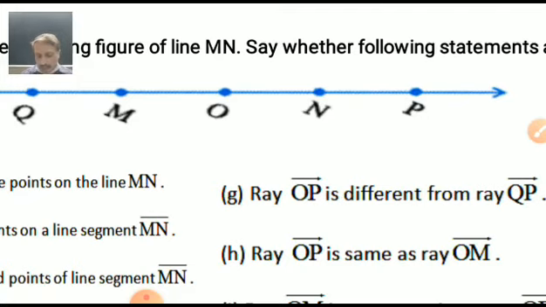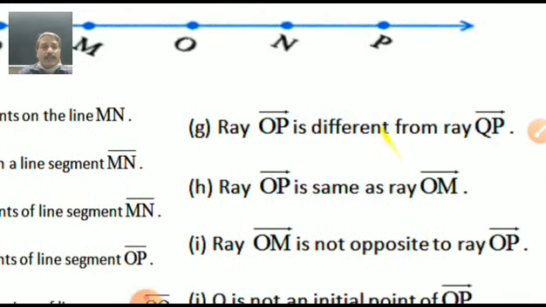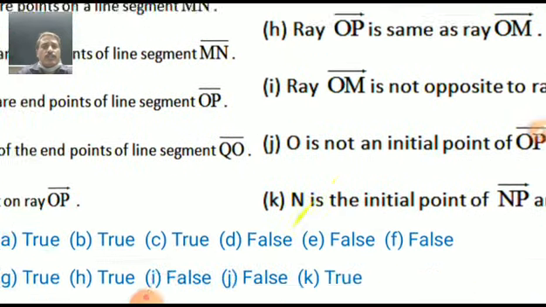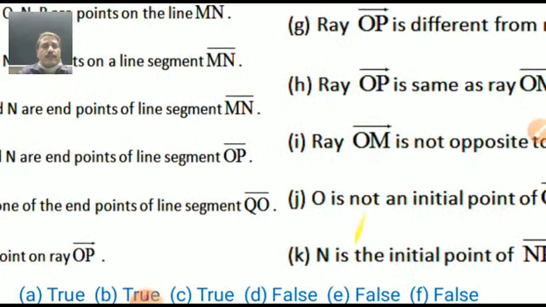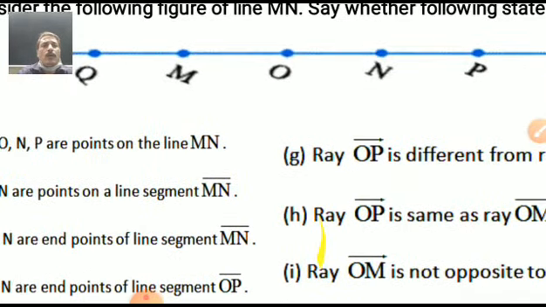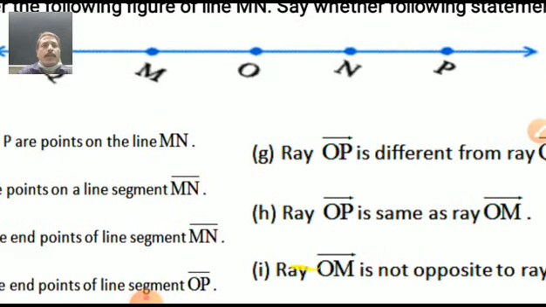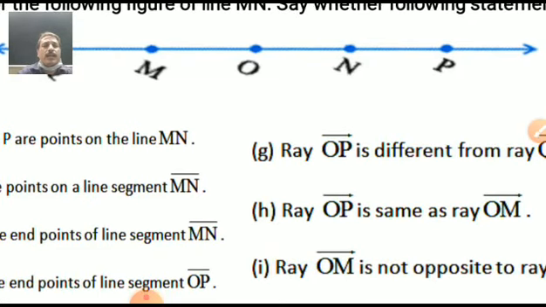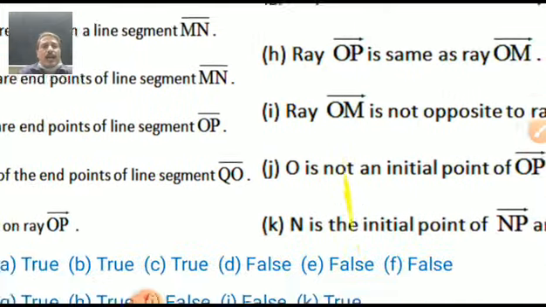Look at the H. Ray OP is same as ray OM. Yes, look at here, OP and OM. No, H is also false. Here it is saying, but starting point is same. OP and OM. Starting points are equal, but direction is different.